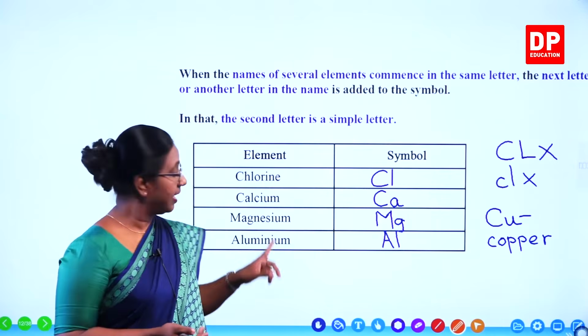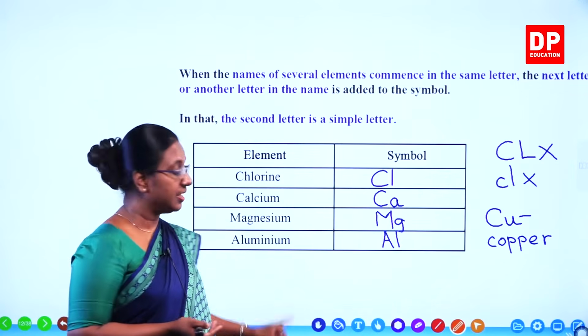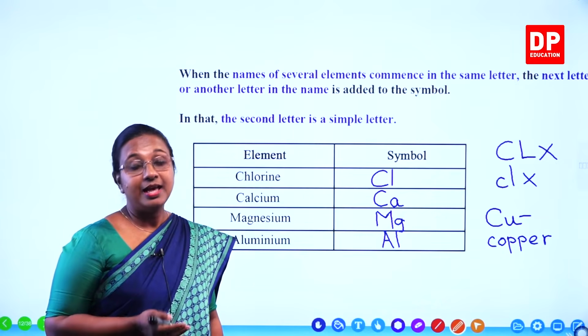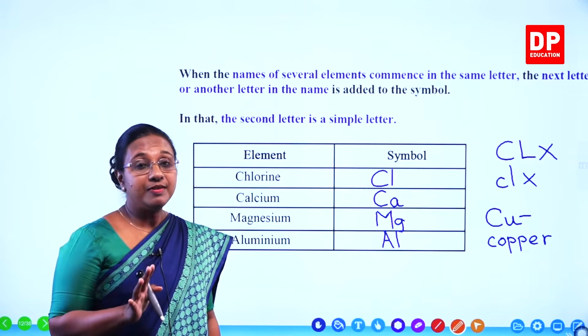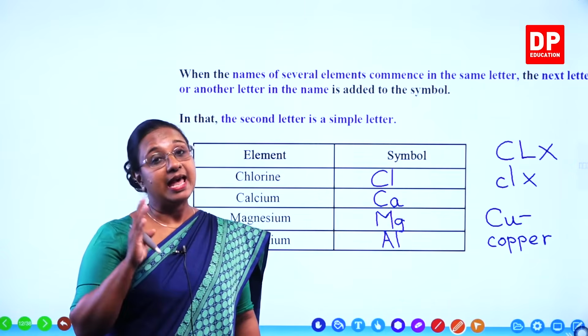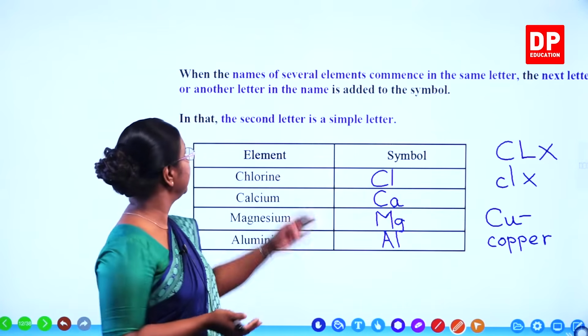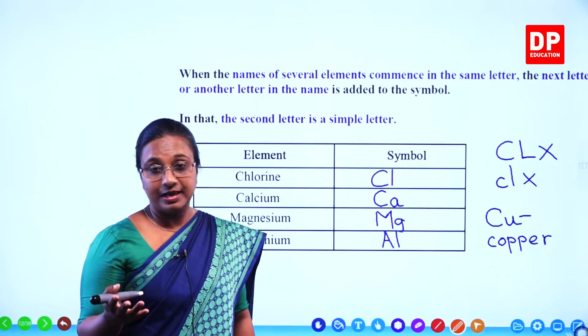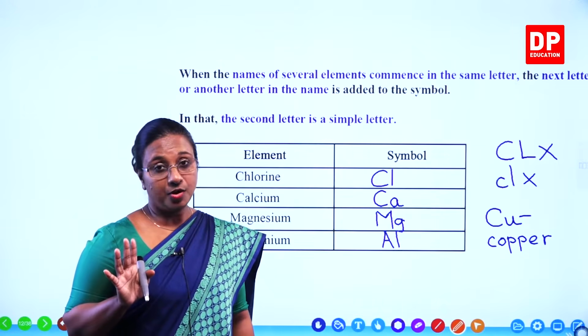Calcium, Ca. Magnesium, Mg. And aluminium, Al. And remember, always the first letter of the element has to be capital. And the second letter can either be the second letter or another letter from the name. Is that clear to you all?